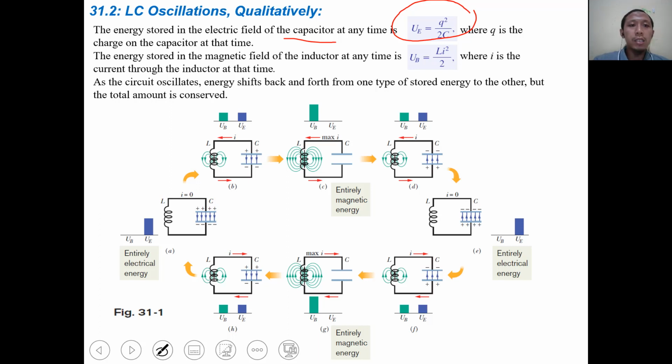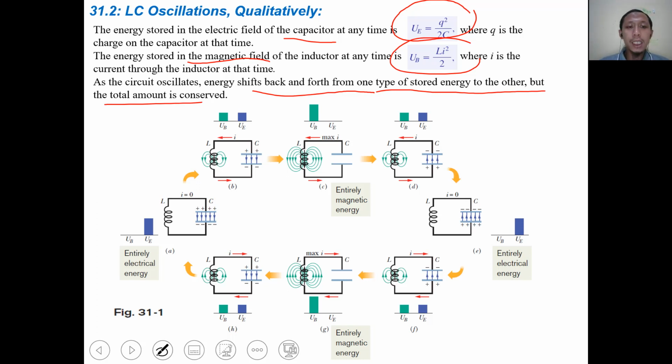And the energy stored in the magnetic field of the inductor is U_B equal to L i squared over 2, where i is the current through the inductor at that time. Because the inductor and the capacitor can each store energy, the energy shifts back and forth from one type of stored energy to the other, but the total amount is conserved.